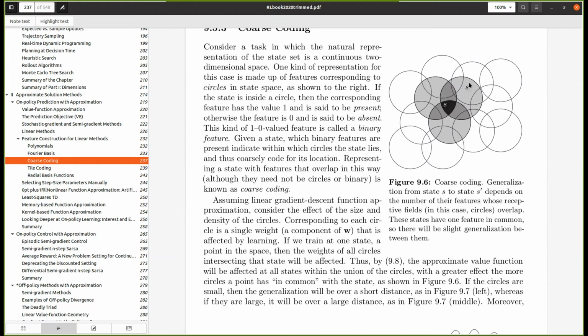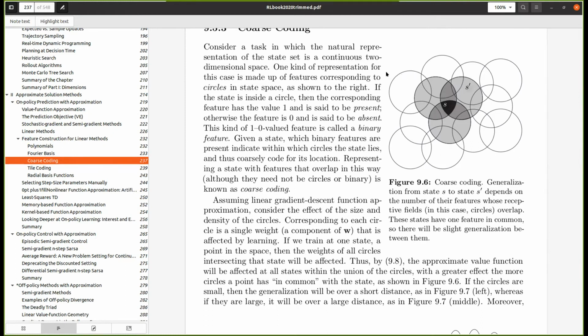Let's consider this S prime, right? So for S prime, it is inside this circle and this other circle, and these two features.